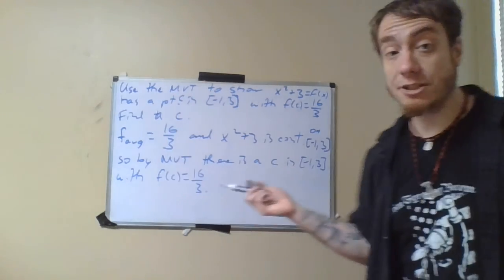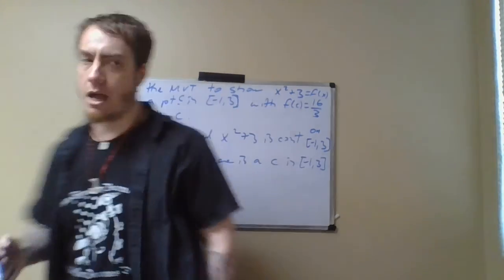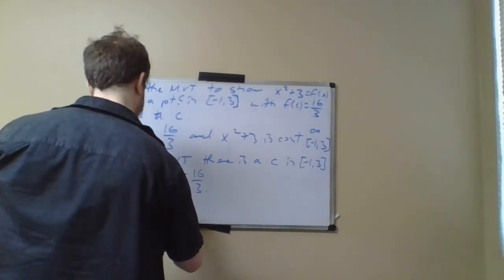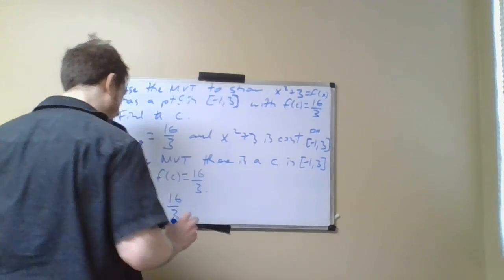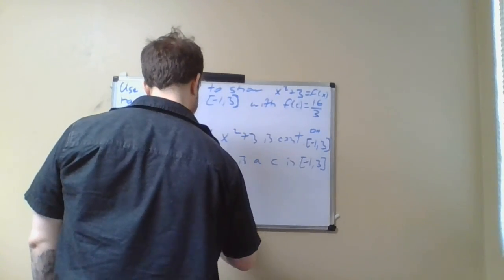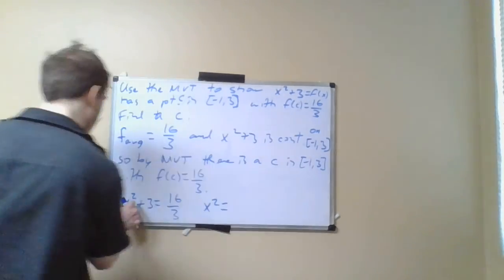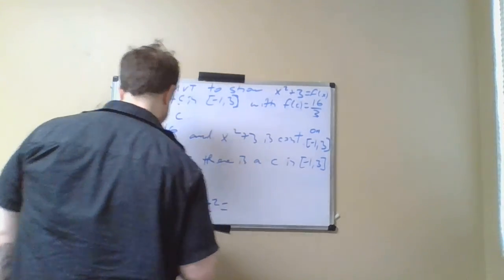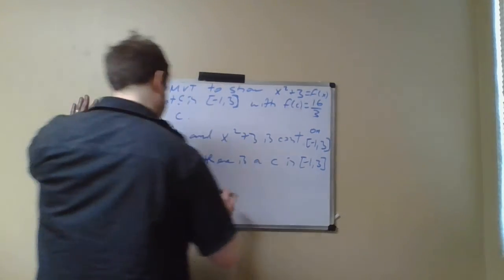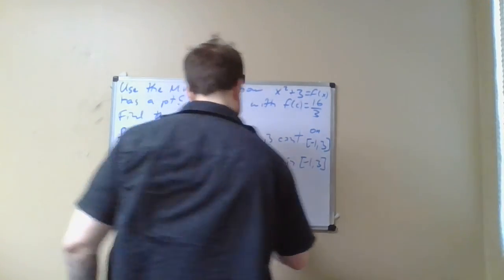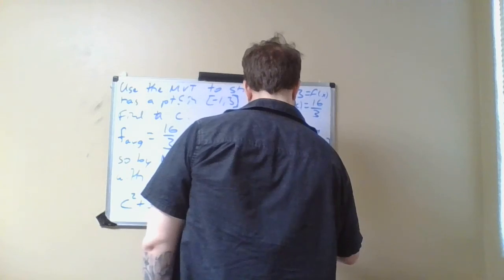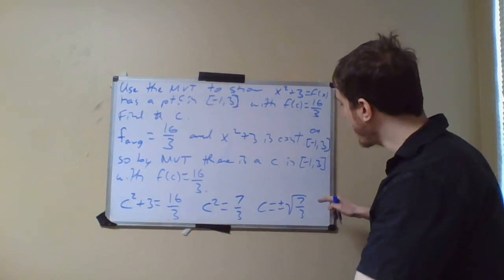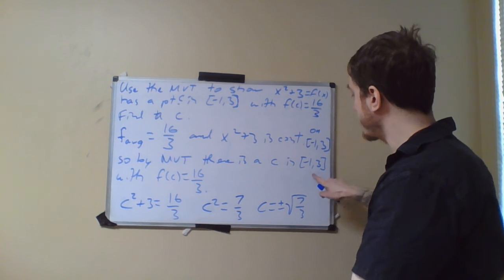Then how do we find such a C? Well, the answer is we just set up the equation. We set x squared plus 3 equals 16 over 3. That's going to give me x, or rather, I guess I should say C squared plus 3. So then I get C squared is equal to, let's see, 16 minus 9 is 7, so 7/3. That means C is equal to plus or minus the square root of 7/3. Now we need to be careful because we want to make sure that C is actually in this interval.